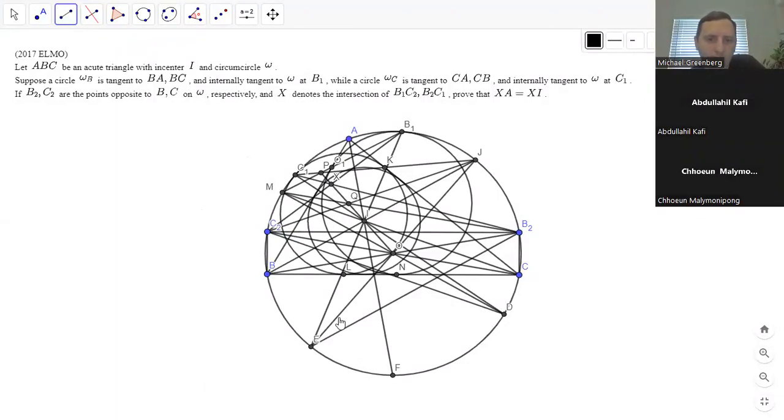So let's see if we can use Pascal's again. So let's say C2, M, C2, E. MC2E.